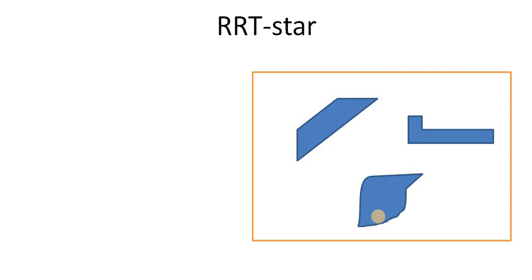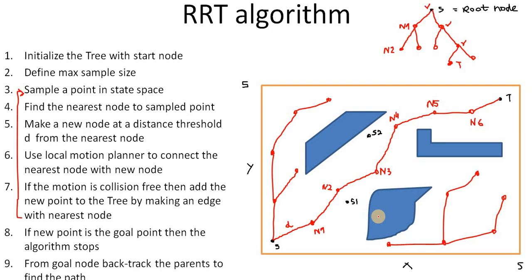Okay, so now we have RRT star algorithm. One of the problems with the RRT algorithm is that it doesn't always give you the shortest path. This path will not be optimal, and the reason is that the samples are random. You can see the path is zigzag.